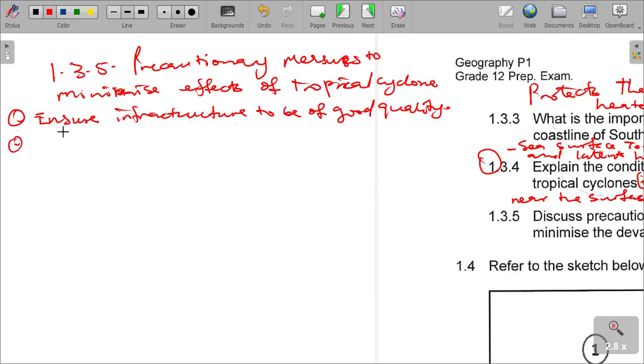Number two, satellite sensors to collect details, e.g. rainfall rates, must be put in place.